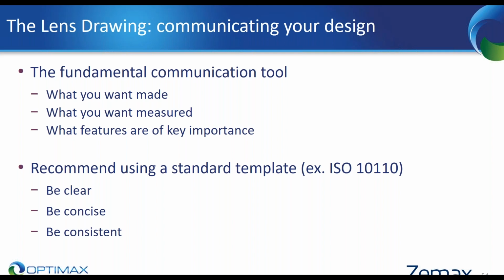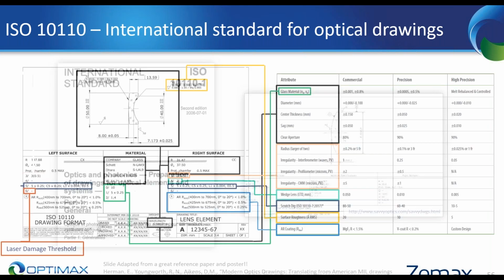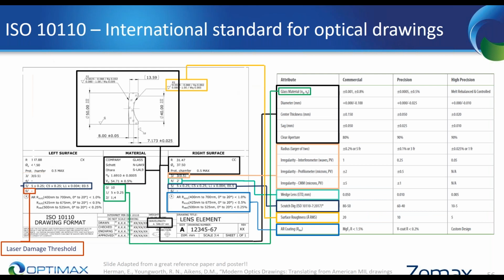And so a combination of what we talked about today, of what some of the tolerances might be to reduce some of the cost, and the international drawing standard, this tells you how to put it onto a piece of paper to make it clear, concise, and consistent for your manufacturers. And if you're new to using the ISO 10110 drawing format, I recommend the Optics and Electro-Optics Standards Council, as part of ANSI, which has accredited training courses that walk you through how to create one of these drawings.